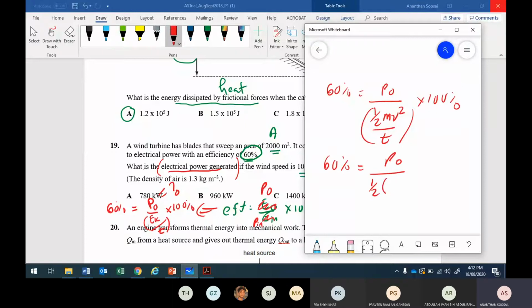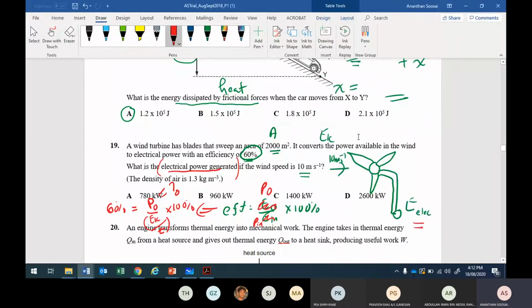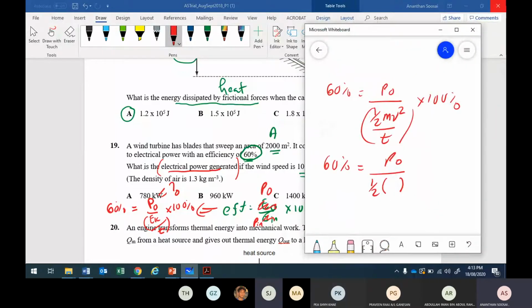Oh my god, here we got a big trap. M you don't know. But what is given? Density of air and area are given. So can you find the mass of air swept? Yes, rho times volume, v squared over t, correct? Rho you know, but volume you don't know. So how to change the volume?